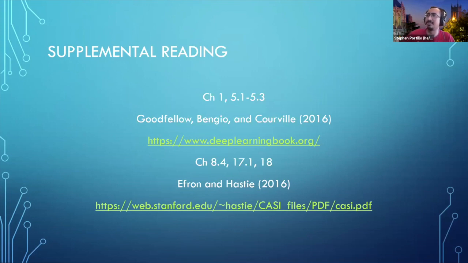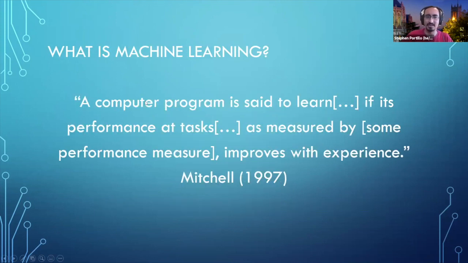So to start off this intro, I thought I'd put up an academic definition of machine learning. Machine learning has become a buzzword that gets thrown around. But what is machine learning actually?